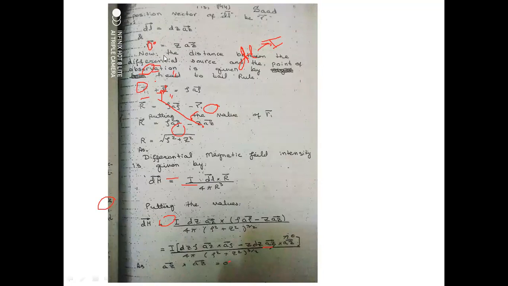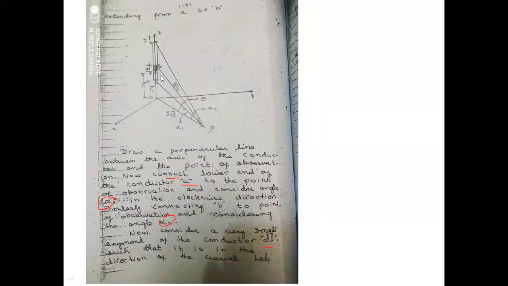Now the distance between the differential source and the point of observation is given by applying the head to tail rule. We have drawn r as well. R is the distance from this differential length to the point of observation. So here is r, this is the perpendicular line, this is the line drawn from the lower end of the conductor to the point of observation, and this is the line drawn from the upper end.